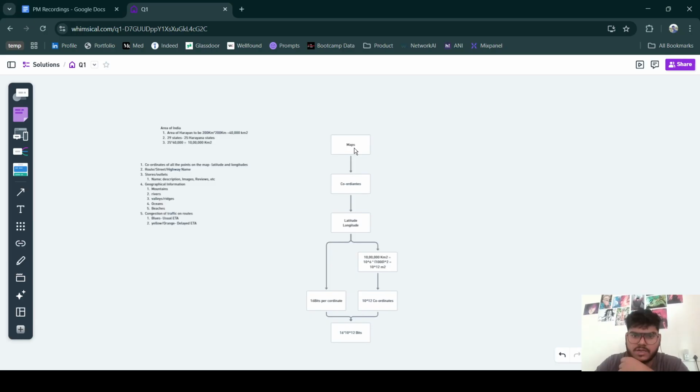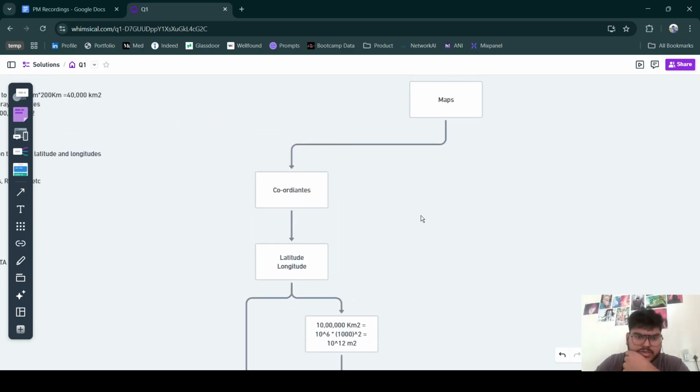So this is the data of only the coordinates.